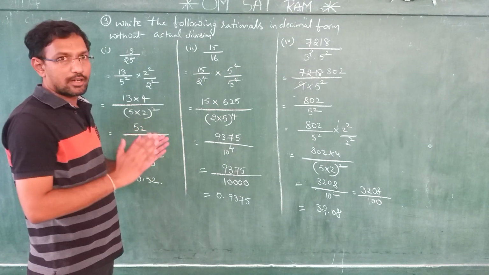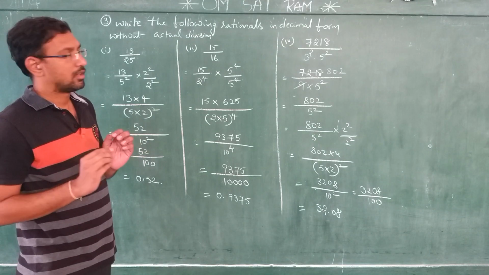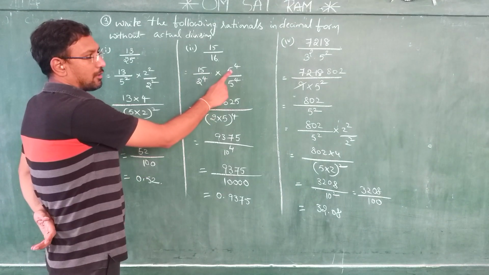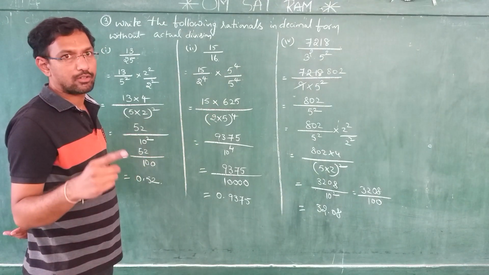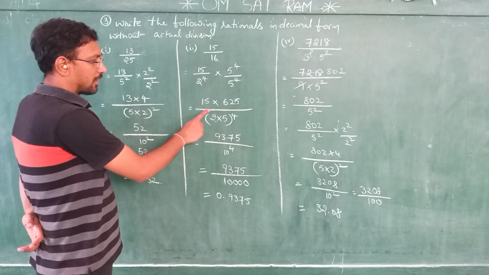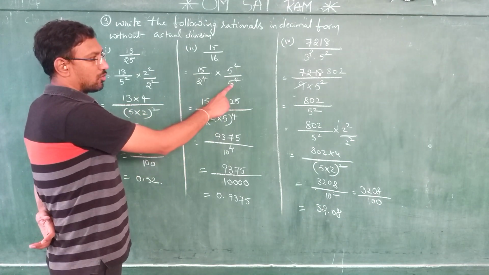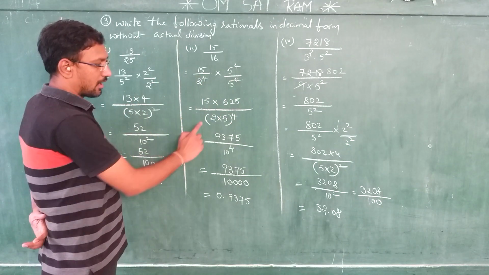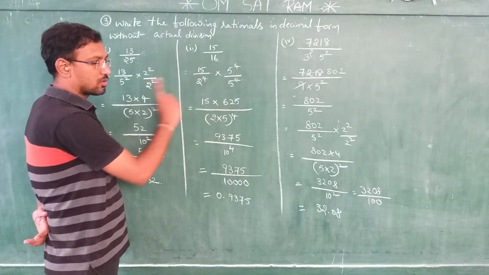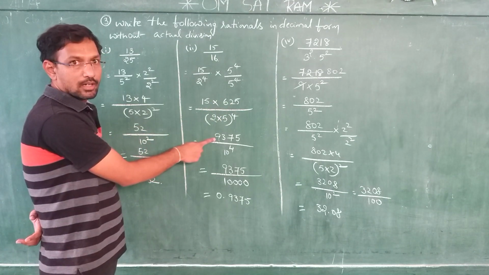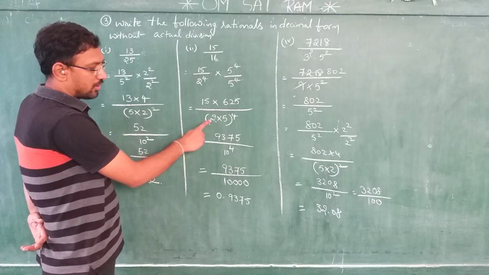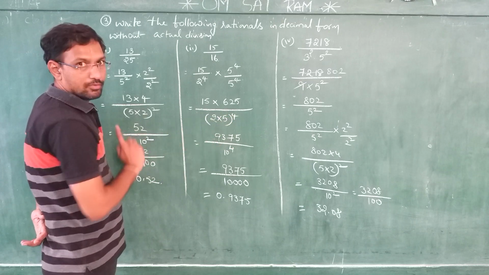In the denominator, the number of 2's equals 4 and the number of 5's is also 4. 15 into 5 to the power 4, that is 5 into 5 into 5 into 5, which is 625. 2 power 4 into 5 power 4 can be written as 2 into 5 whole to the power 4. 15 into 625 is equal to 9375, divided by 10 to the power 4.